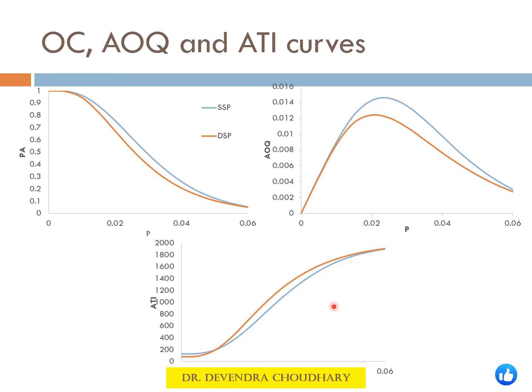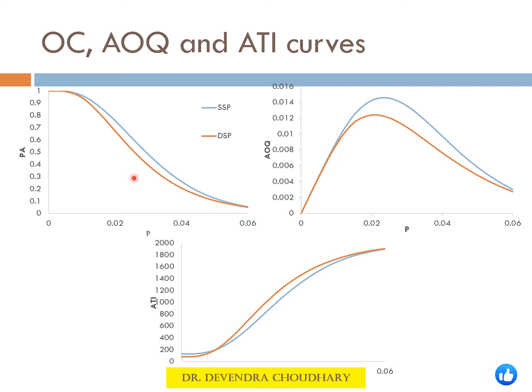So a comparison of these curves gives us a clear-cut idea for given criteria which type of plan is to be selected.